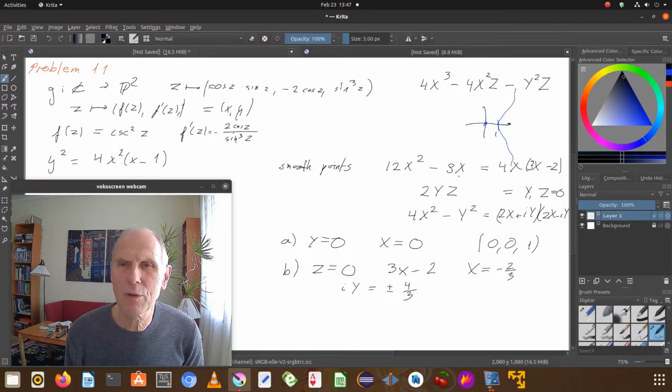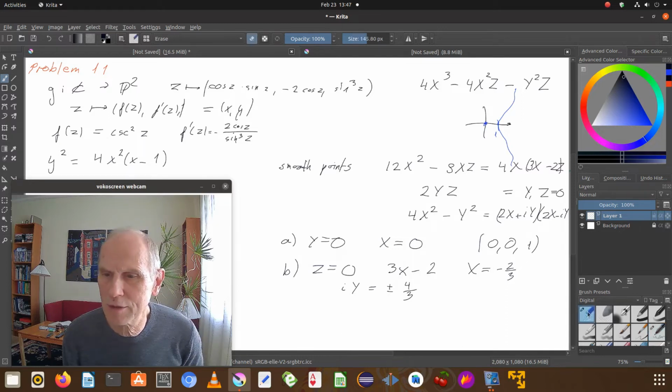Yeah, it's wrong. It should, of course, be times z. So it's 2z inside this parenthesis. Now where are we?